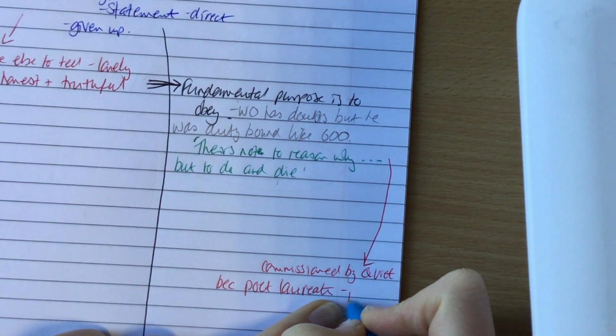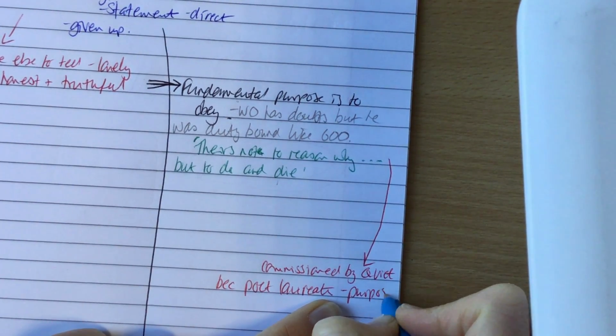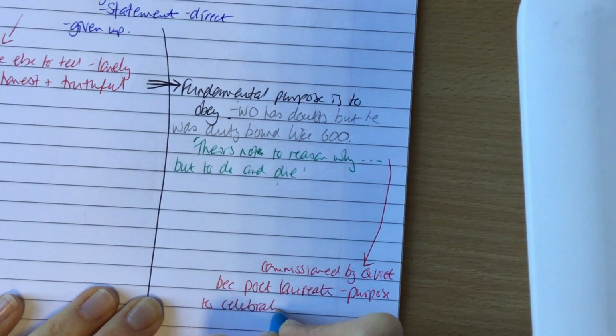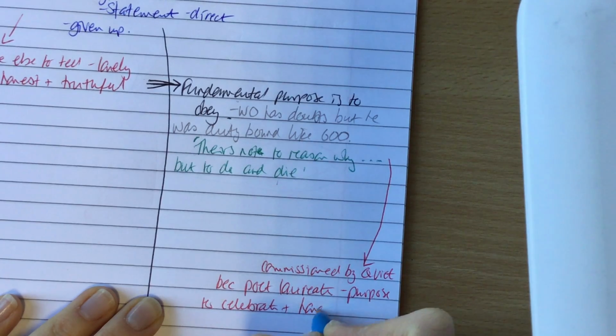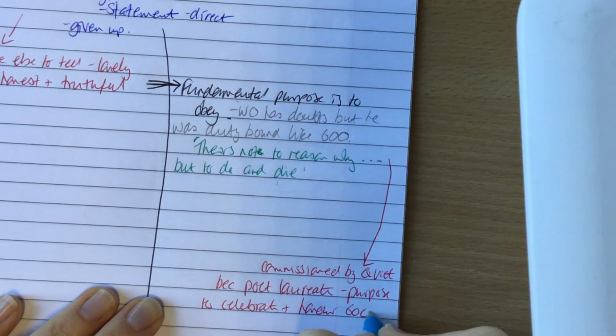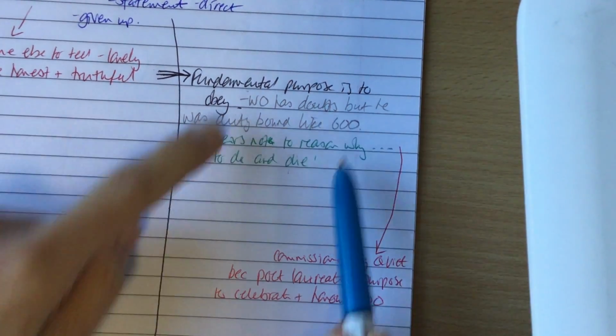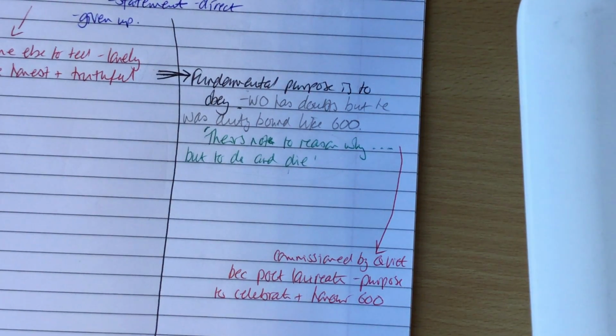Okay, the purpose is to honour the bravery of the 600. Make sense? Now what I've said to Ollie is that we're rejigging the order of the what, how, why.